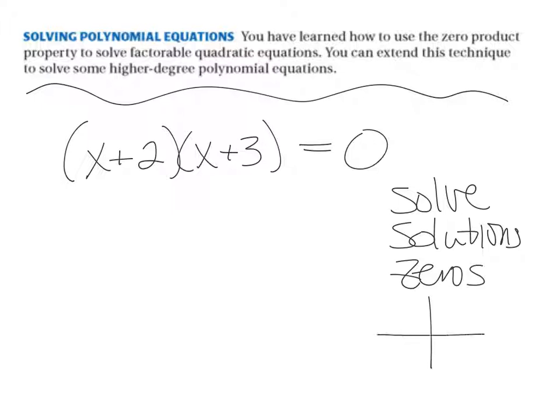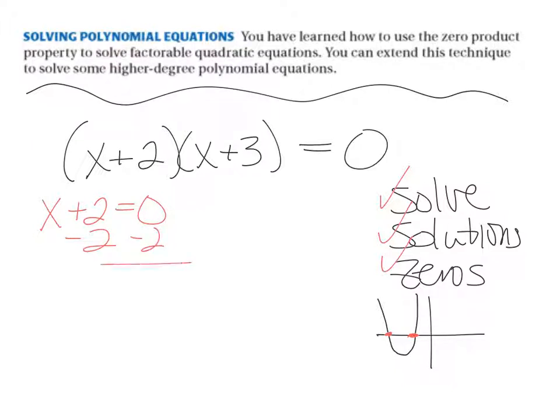Graphically, it's where we would have a parabola, and where it crosses the x-axis are our solutions, our solves, and our zeros. Algebraically, we take each binomial, set it equal to 0, and solve for it.